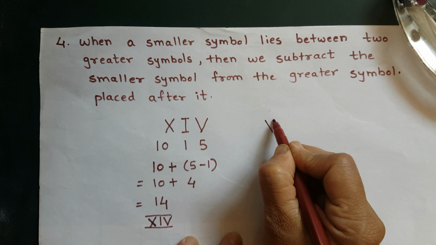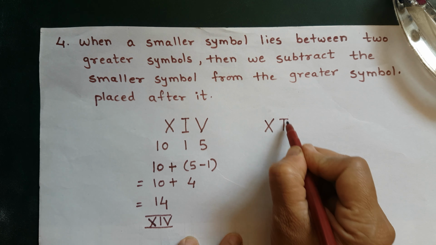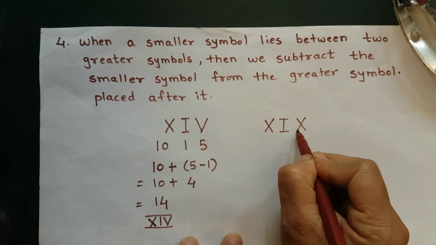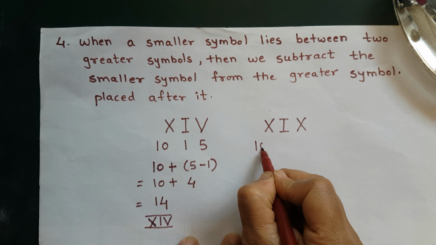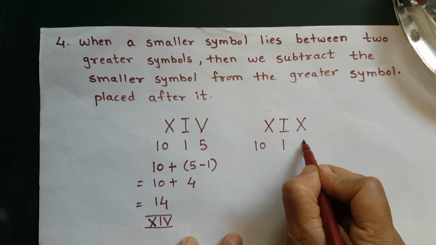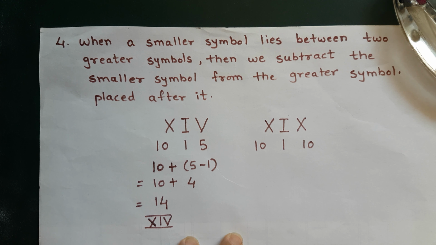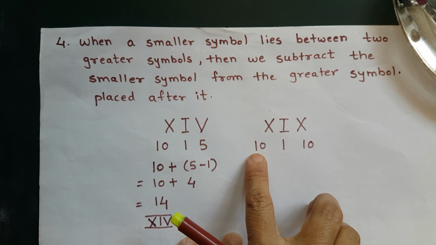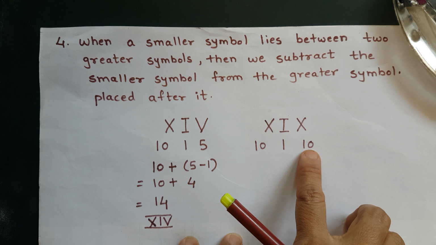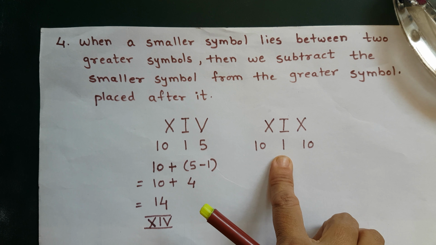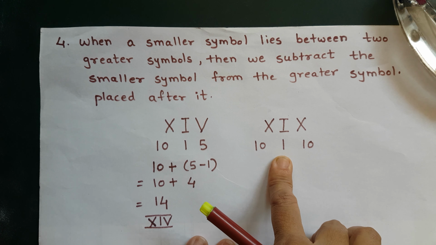Now X, I, X. I will write their values also 10, 1 and 10. Now see again, that there are two large numbers and the one small number is written between them.